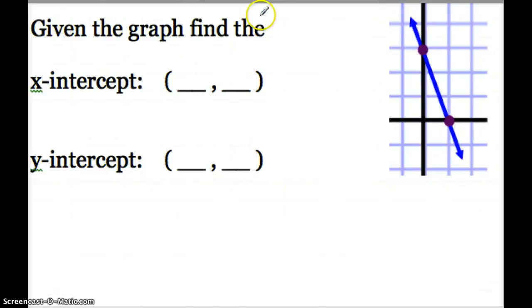Okay, last students do the same thing. This is your x's, and these are your y's. Now for x-intercept, y must be 0, and for your y-intercept, x must be 0. This is x equals 0, and this one here is y equals 0. So let's start with your x-intercept, where y is equal to 0.